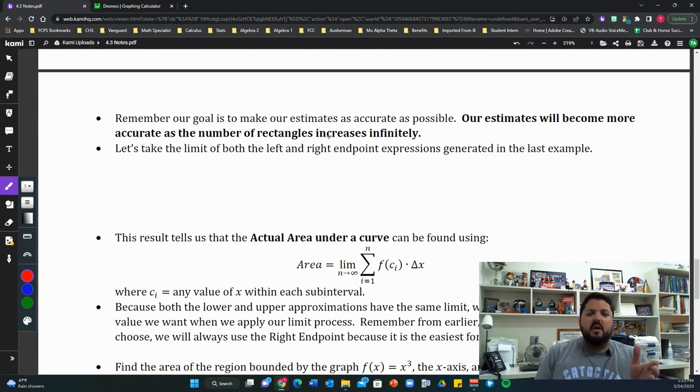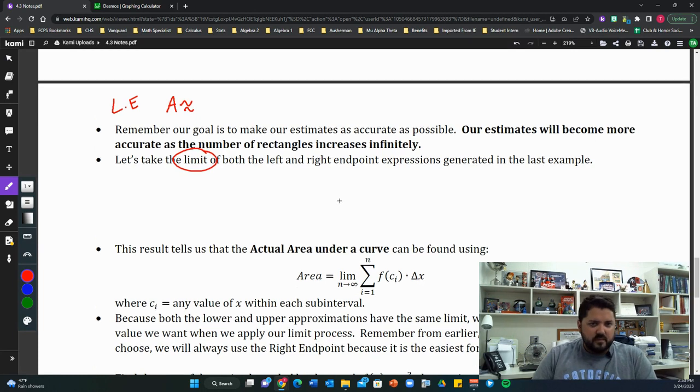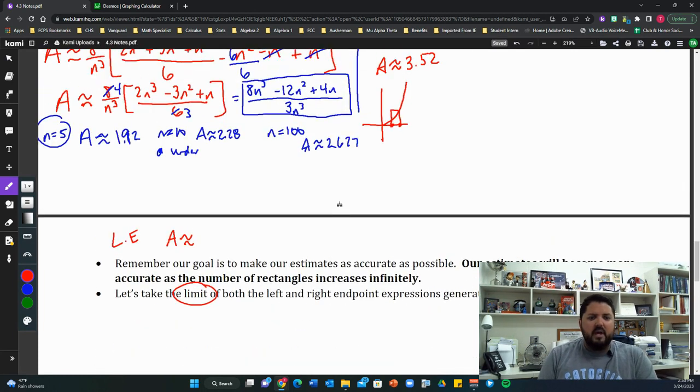So the idea of increasing the number of rectangles infinitely is the same thing as taking a limit. Remember, that was a similar process that we've done in the past. So again, what we had here before was for our left endpoints, the area was approximately equal to 8n cubed minus 12n squared plus 4n over 3n cubed.